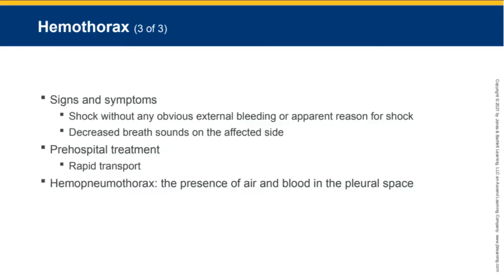If the fluid is not calculated properly, you can dilute the clotting factors in the patient's blood. So when they go to surgery, they're going to have serious problems because the clotting factors are not present. So if you're going to be doing IV access or your organization allows that, it needs to be titrated based on the patient's presentation.